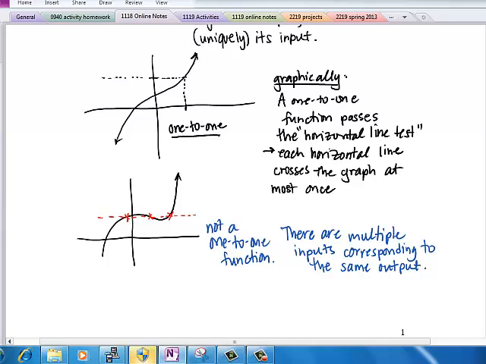So if the graph fails the horizontal line test, it's not one-to-one. If you can find a horizontal line that crosses the graph more than once, it's not one-to-one. But if every horizontal line crosses the graph at most once, then the graph is a graph of a one-to-one function.